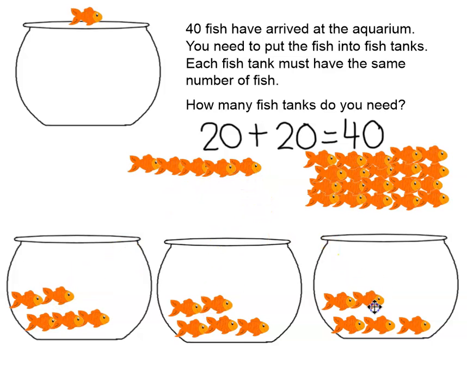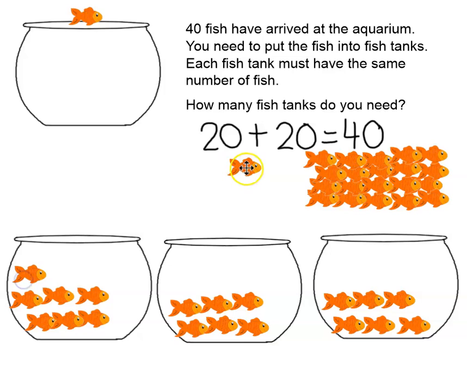Each tank gets 5 fish. Each tank gets 6 fish. Well, that was half of the fish, and we still need 1 for this tank. So do you think that we're going to be able to have the same number of fish in 3 tanks? Let's finish.